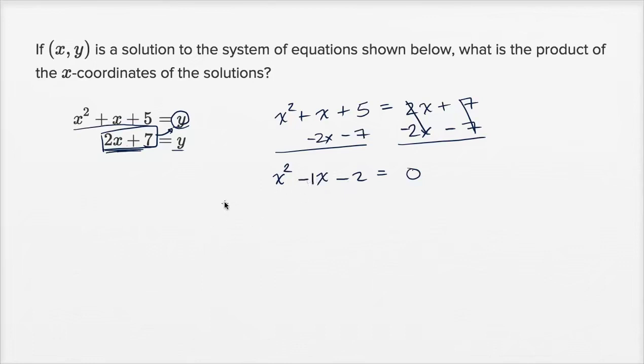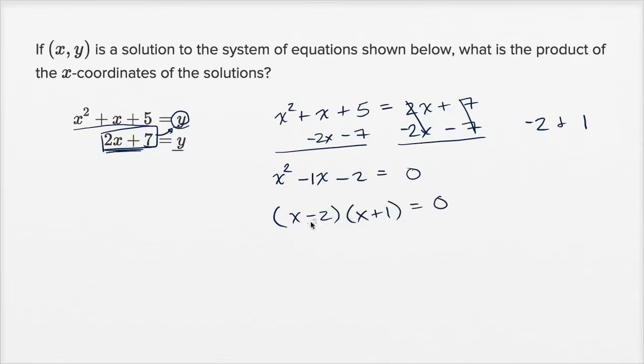So let's see, negative 2 and 1, their sum is negative 1. Their product is negative 2. So I can factor this as (x minus 2) times (x plus 1) is equal to 0. And you can verify that if you take the product here, you're going to get that over there.